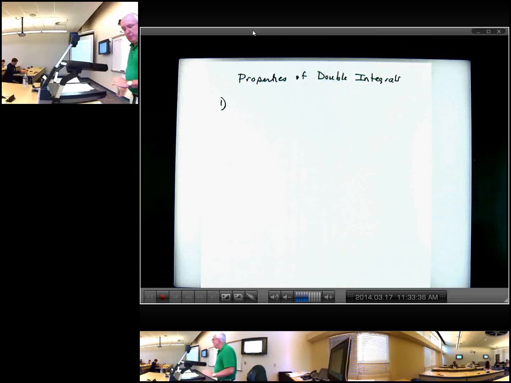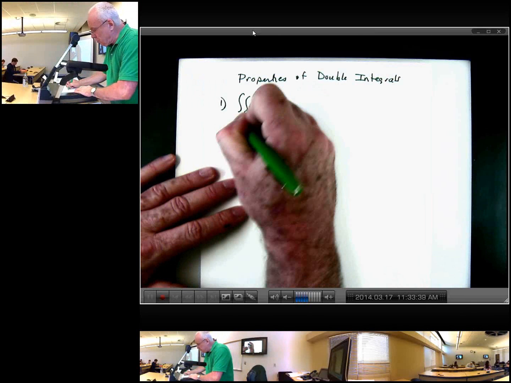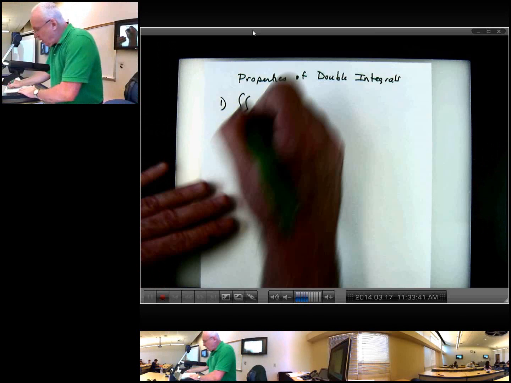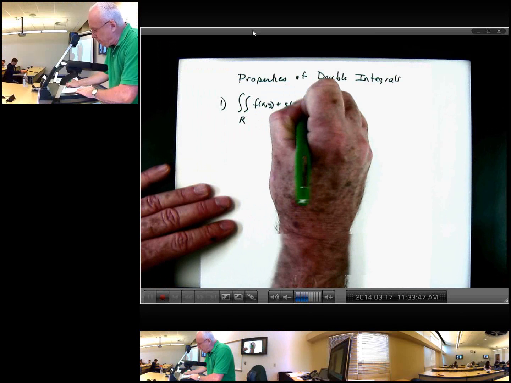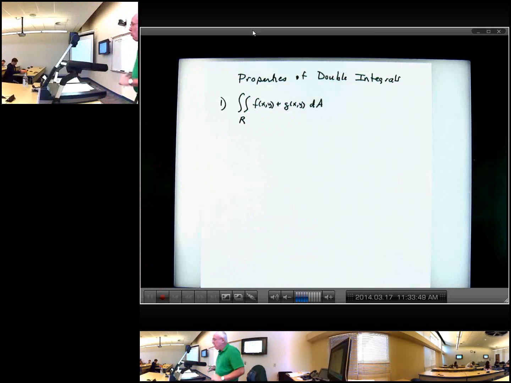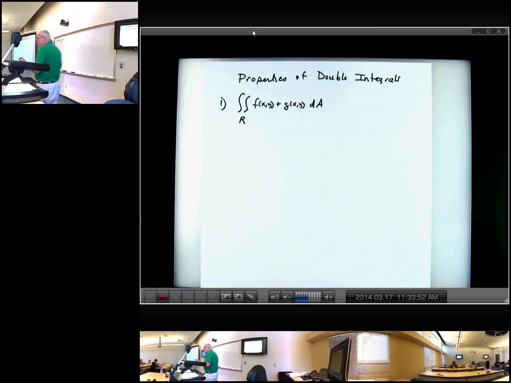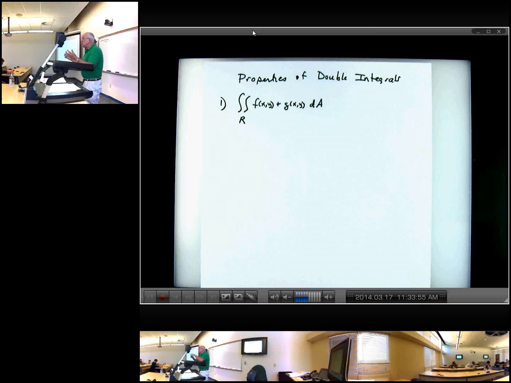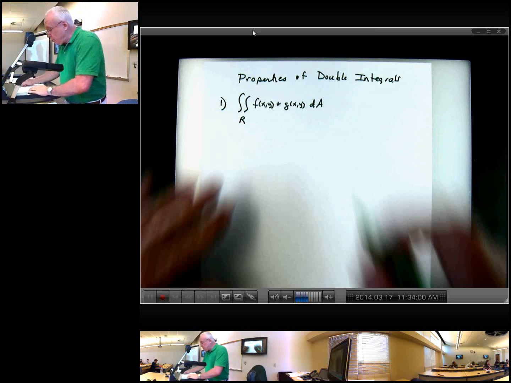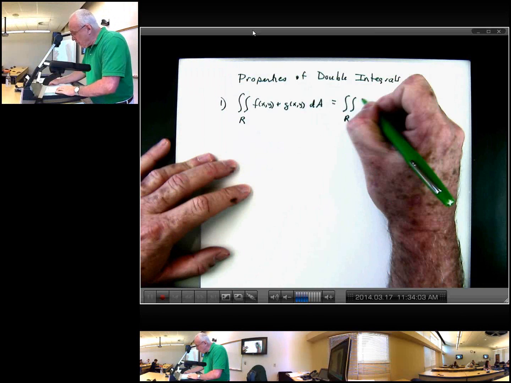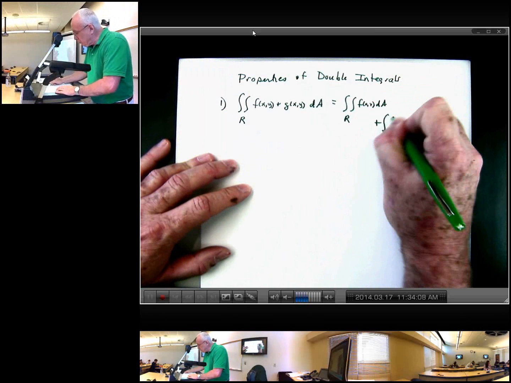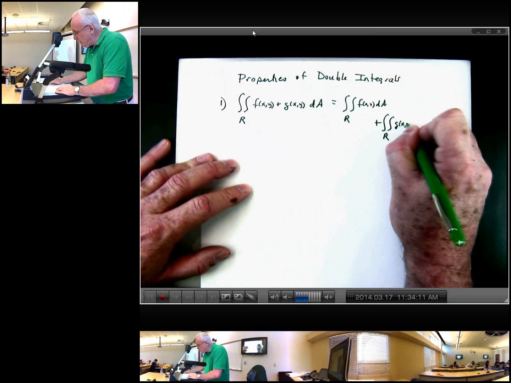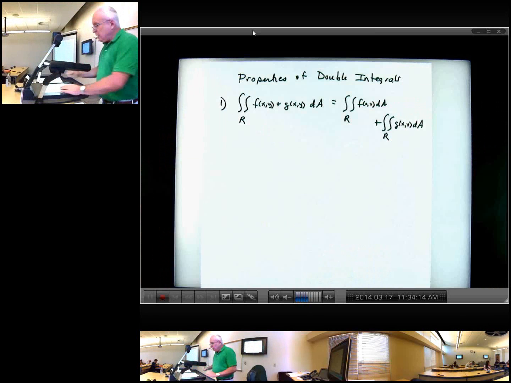Number one is this: if we do the double integral over a rectangle of f of xy plus g of xy dA, well, just like in one variable calculus, we can break it up into two integrals. So this is equal to the double integral over R of f of xy dA plus the double integral over R of g of xy dA. All right. So we can break it up.